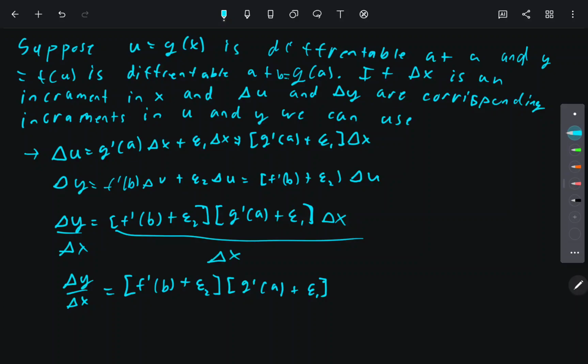And then as some of our previous equations show us, as change in x goes to 0, change in u will go to 0.